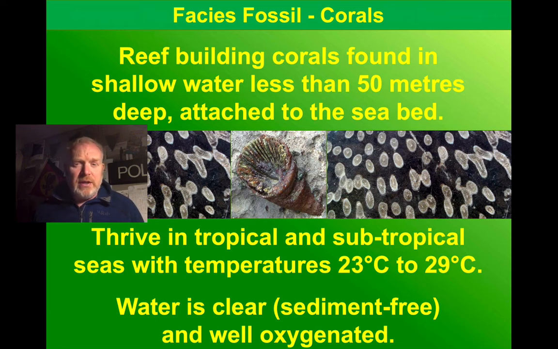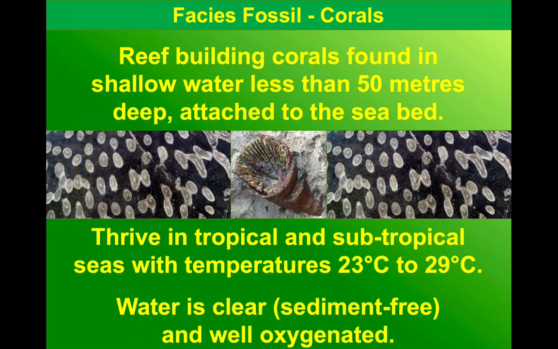Very pleasant, but they can only grow in that water. The water as well has to be, as we've said already, clear. Sediment free, well oxygenated, and usually as well with a current that will bring water containing the food that they filter feed across the animals. Because if coral can't go to food, food has to go to the coral.